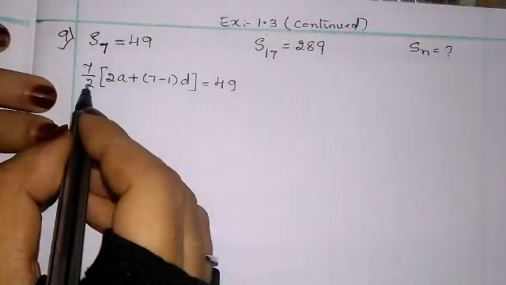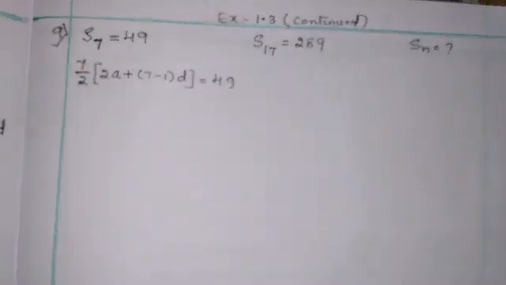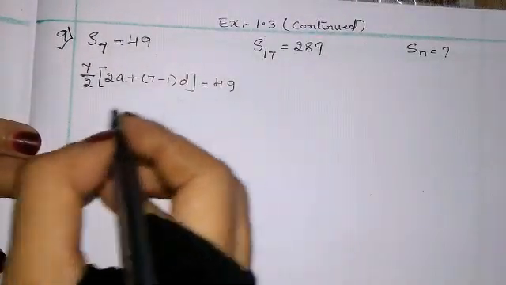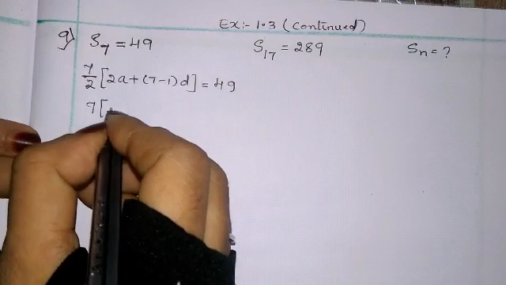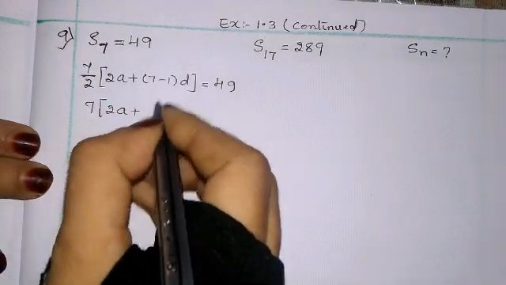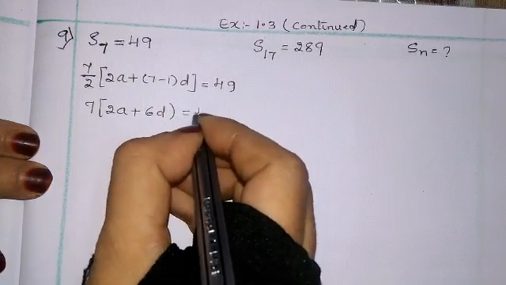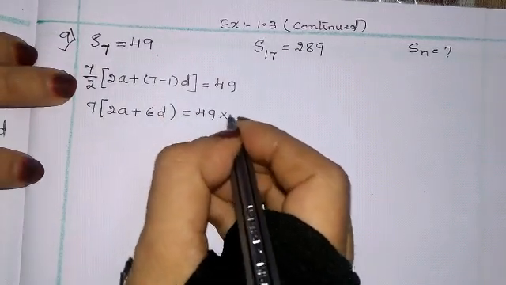Now we can bring this 2 to the other side and it will multiply: 7 times (2a plus (7 minus 1) which is 6d) is equal to 49 into 2.